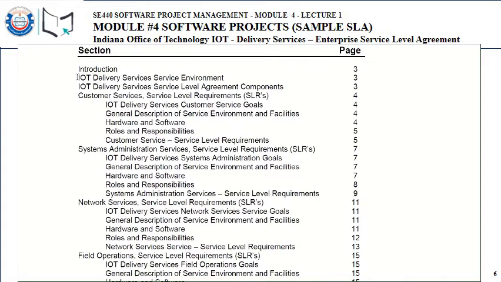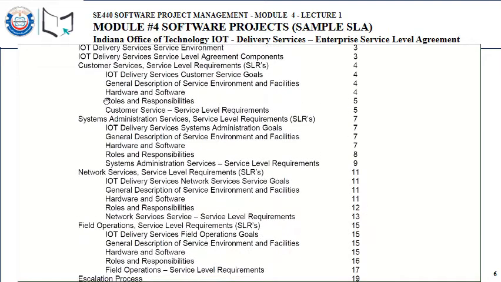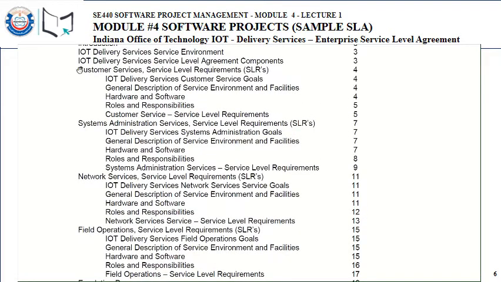First of all, after the introduction, it talks about the delivery service, the service environment that they have, then the service level agreement components that they are looking at, and then it talks about the service level agreement from four perspectives: customer services, system administration services, network services, and then the field operations.